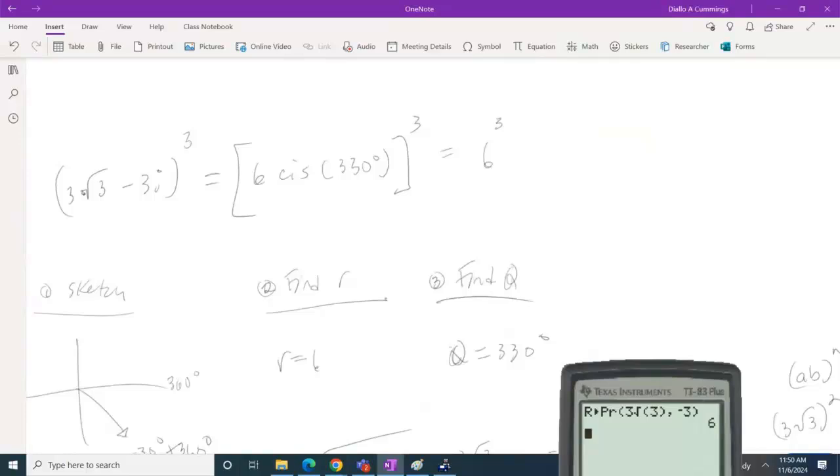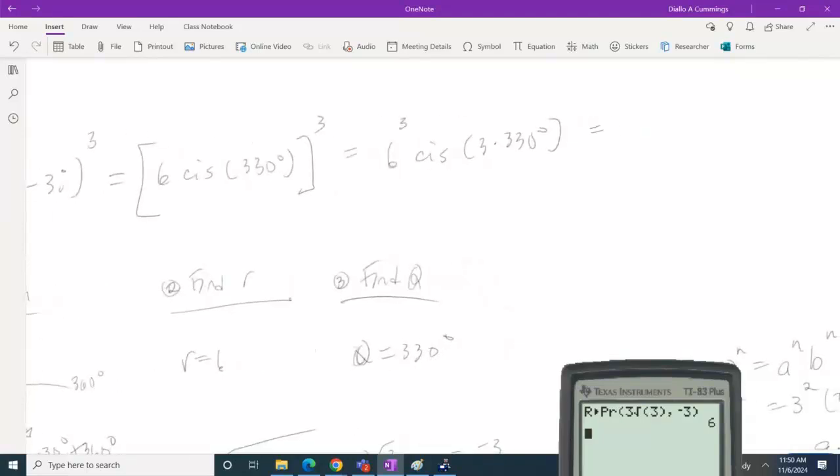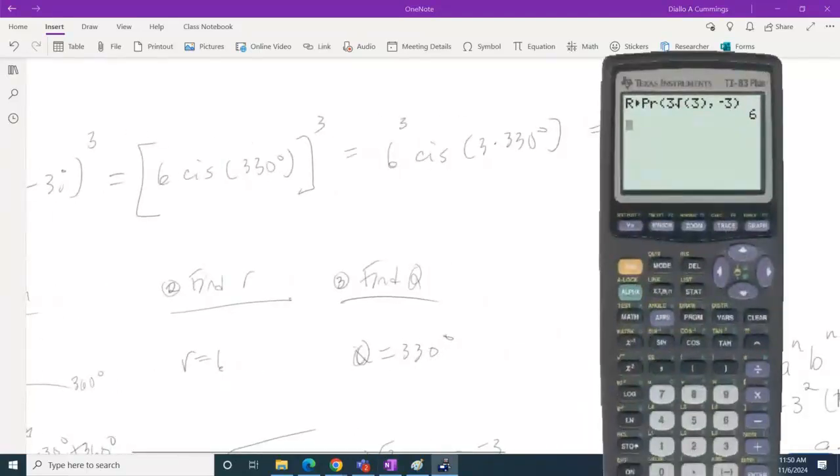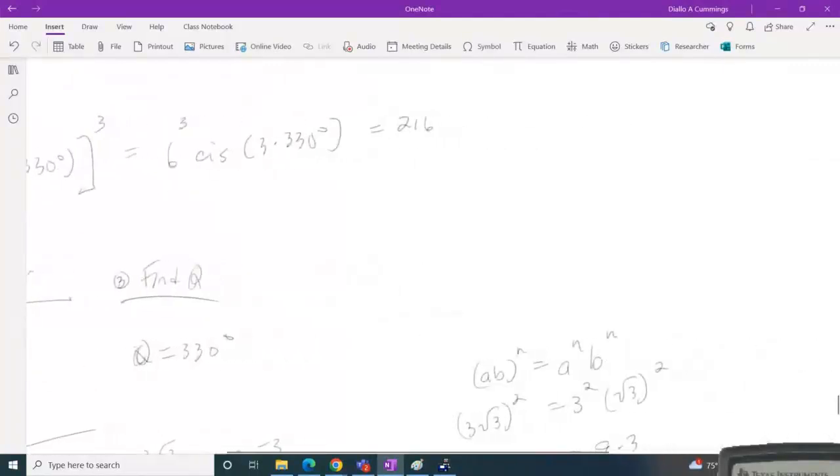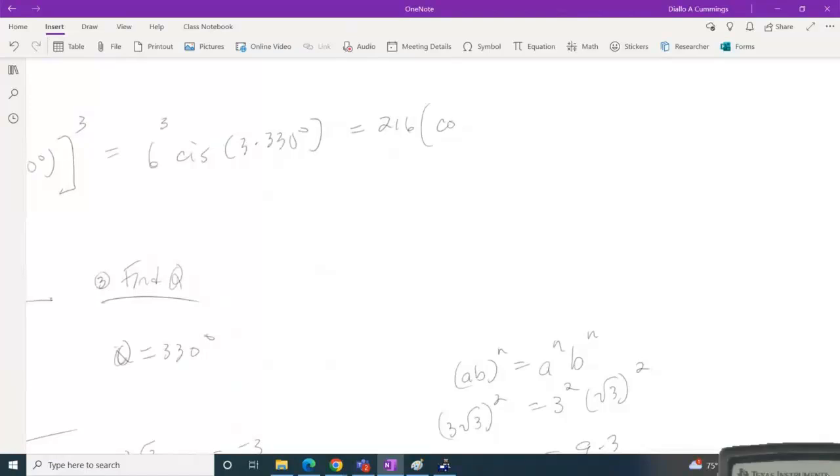All right. So then just to finish this, you raise 6 to the third, and then you have to multiply 3 times 330. And so 6 to the third power is 216. And I'm going to write this out in long form. 216 times the cosine of 990 plus i times the sine of 990.